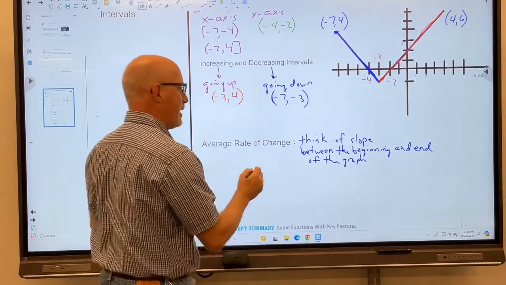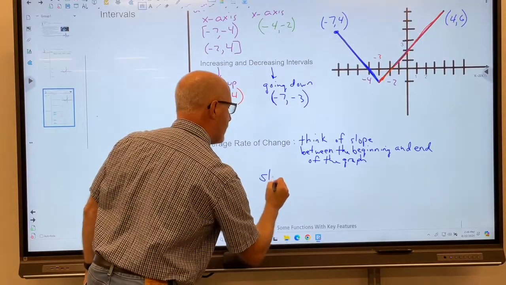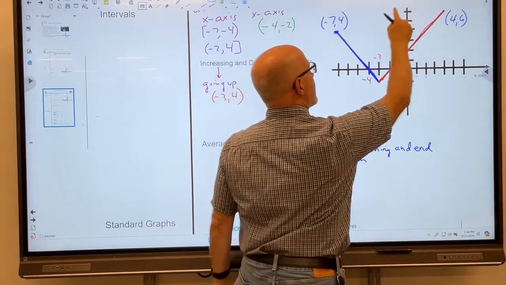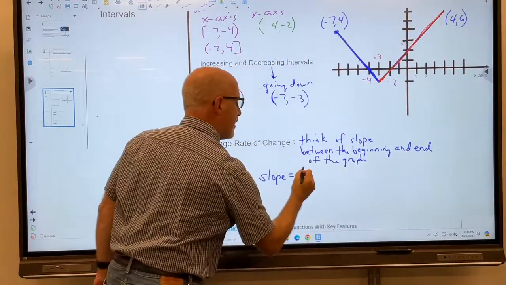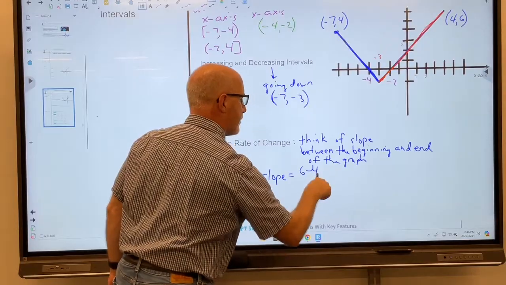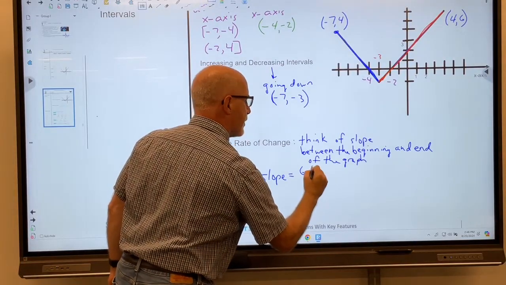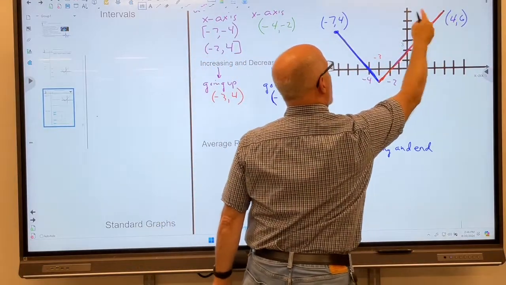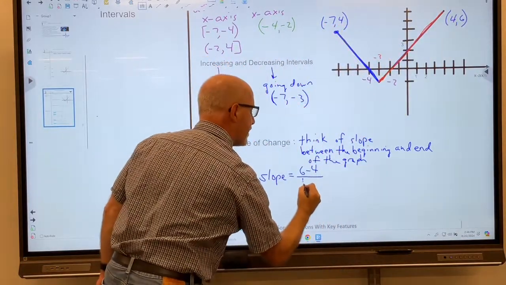So let's go ahead and find the slope. Slope is going to be the difference of the y's, so 6 minus 4, over the difference of the x's, 4 minus -7.